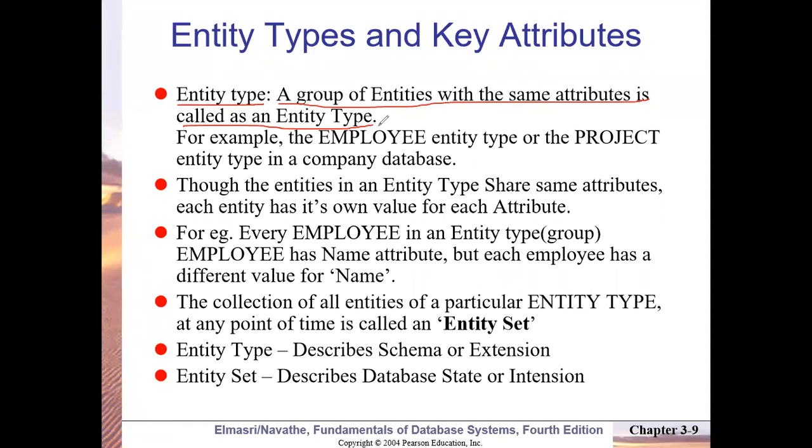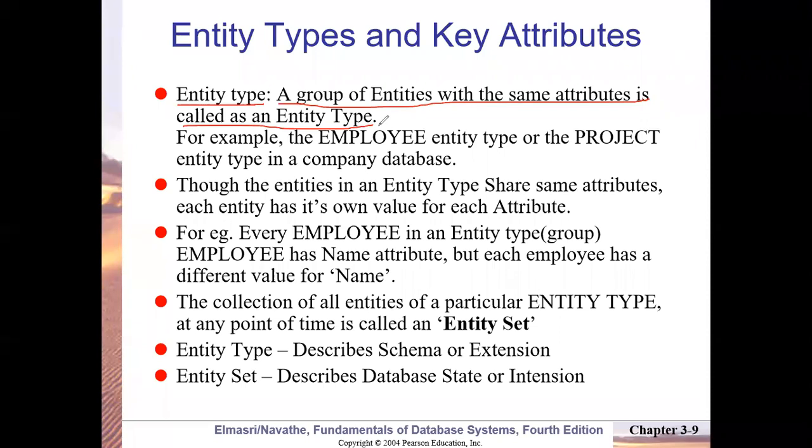And as you know, student is a class, or 4B is a class, and individually each of you is an object of this class 4B, isn't it? So similarly here you can consider 4B an entity type, and you people are the individual entities. So understood the difference?